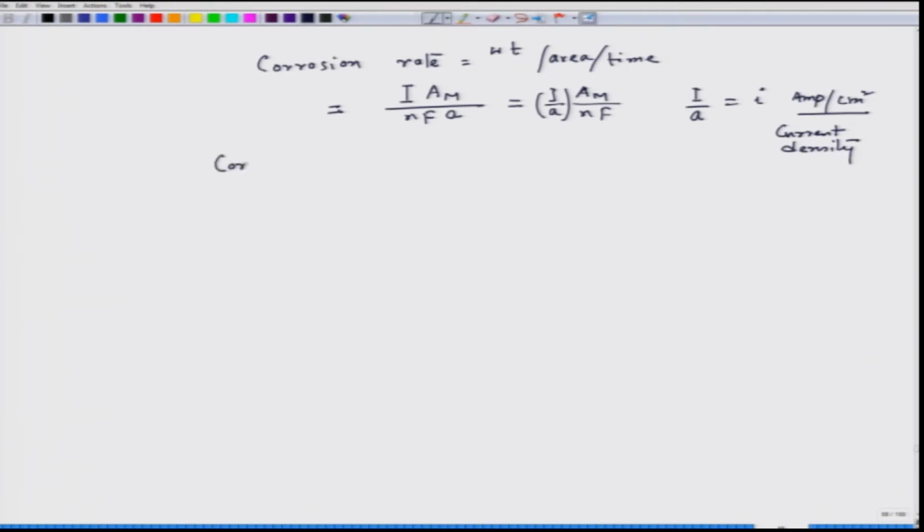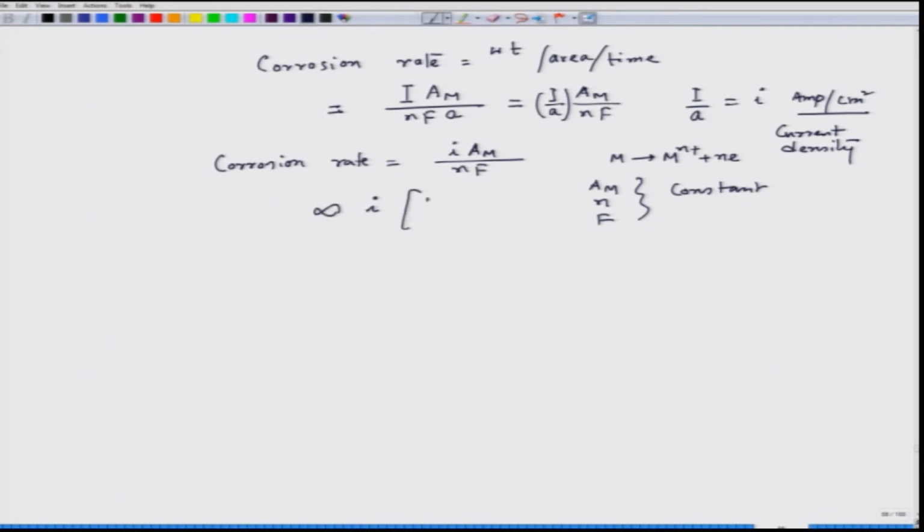So, corrosion rate is equal to i AM by nF. Now, AM for a particular metal, and n and F for M going to M n plus plus ne, are all constant. So, now the corrosion rate is proportional to i, the current density.